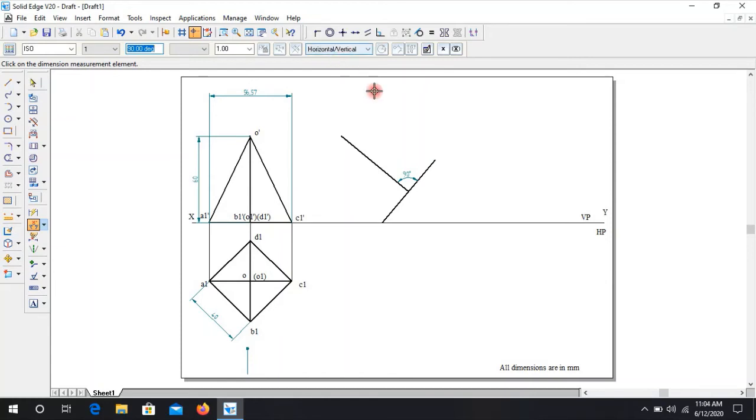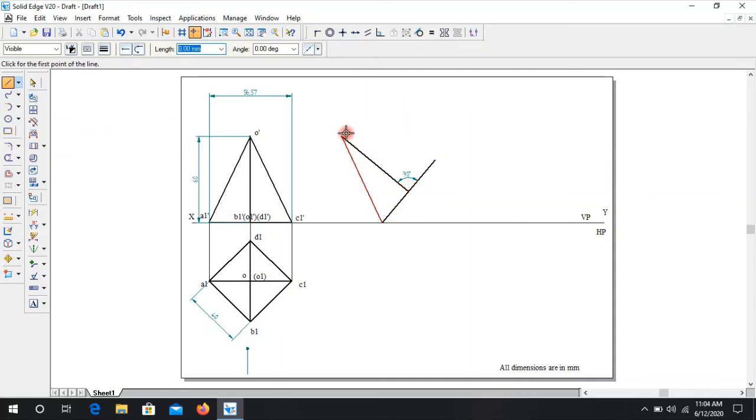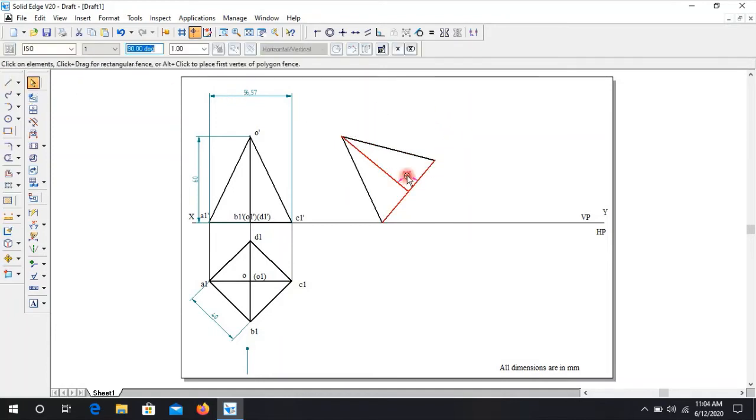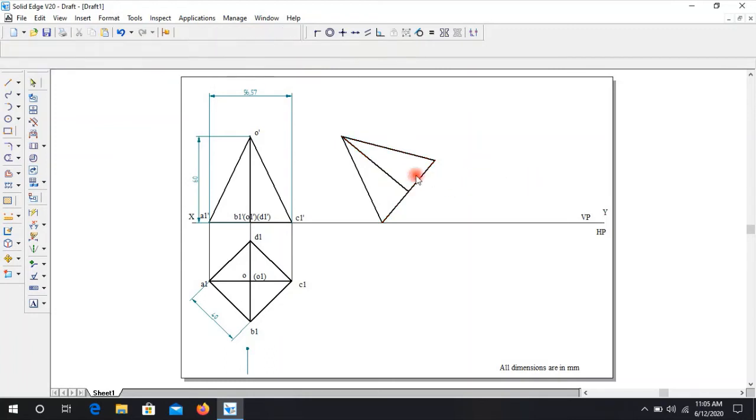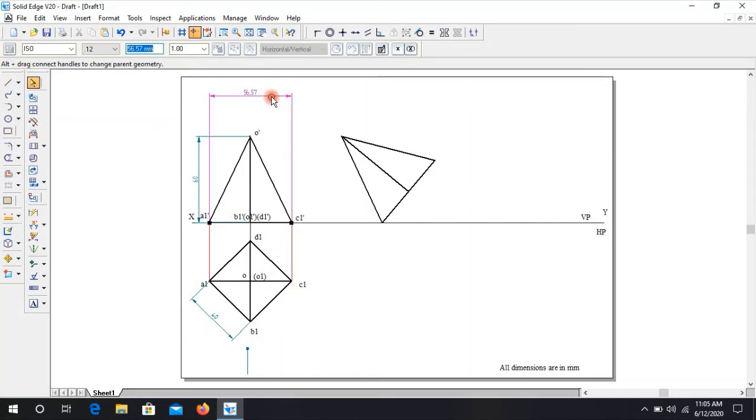It has to be perpendicular. Now connect these two points and also the apex with point C1 dash. Now we have copied this diagram from the first step to the second step. It need not represent this dimension. I have measured this dimension just for copying purposes.